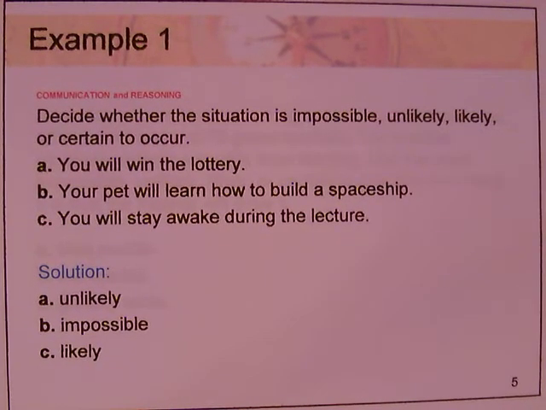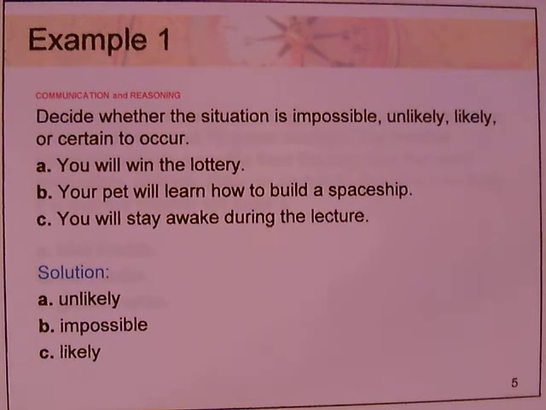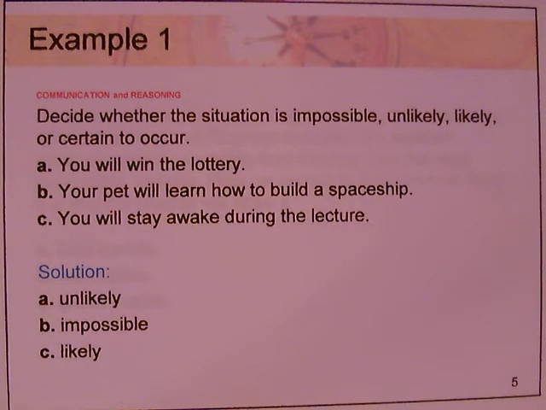Like in this first example, for each one we want to decide whether the situation is impossible, unlikely, likely, or certain to occur. In part A, you will win the lottery, which in this case is going to be unlikely, because usually the probability for lotteries is very slim.